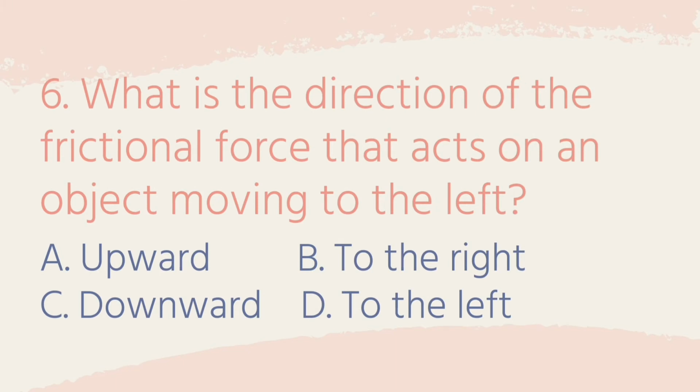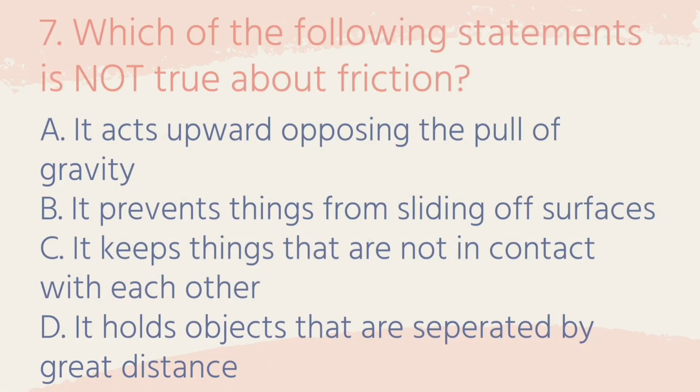Number 6. What is the direction of the frictional force that acts on an object moving to the left? A. Upward, B. To the right, C. Downward, D. To the left. Number 7. Which of the following statements is not true about friction?